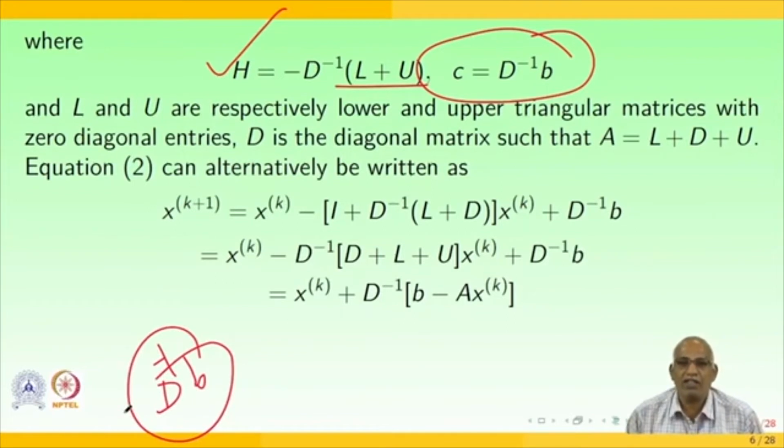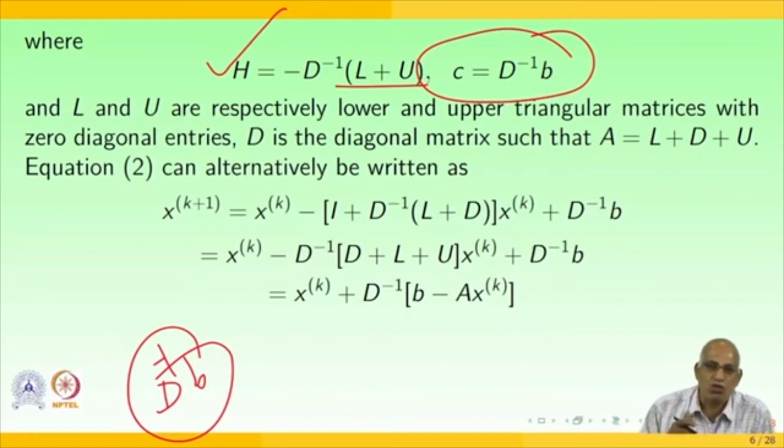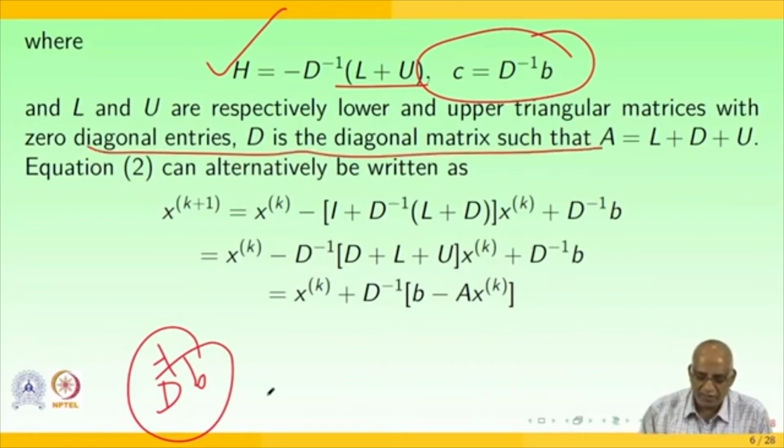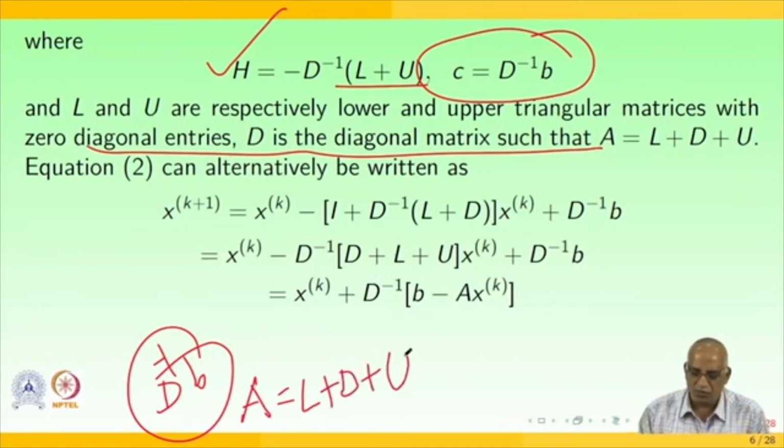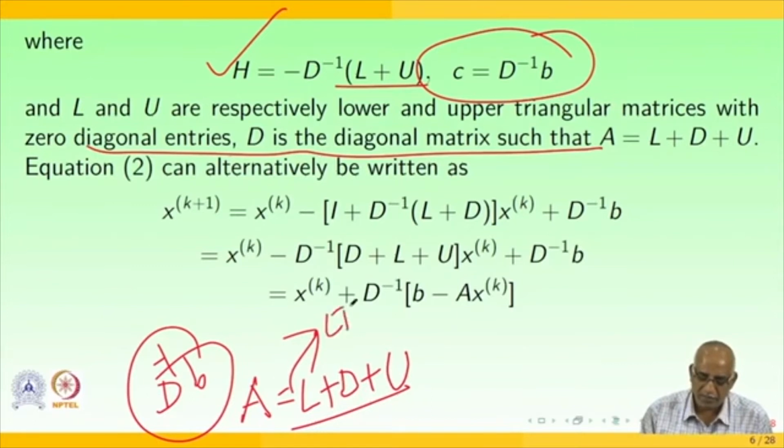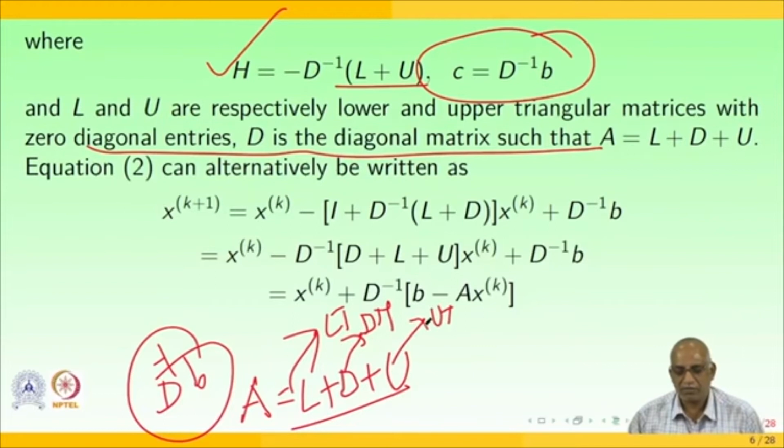And L and U are respectively lower and upper triangular matrices with 0 diagonal entries. And we will write A as L plus D plus U: lower triangular matrix, diagonal matrix, upper triangular matrix.